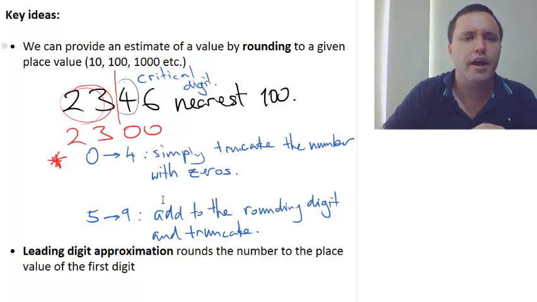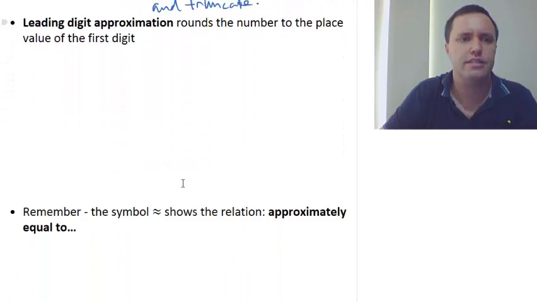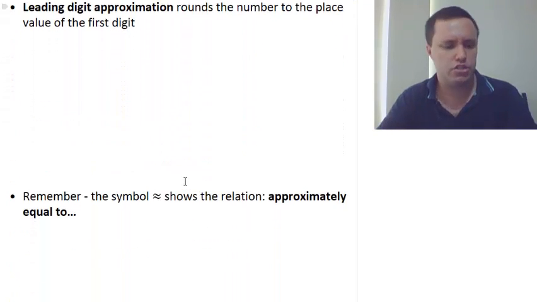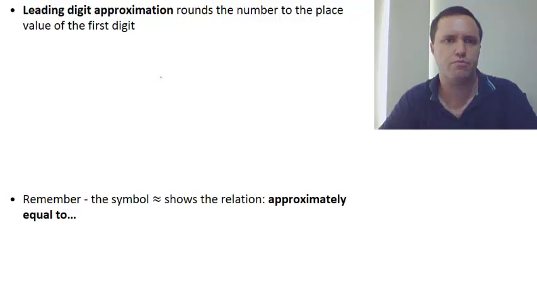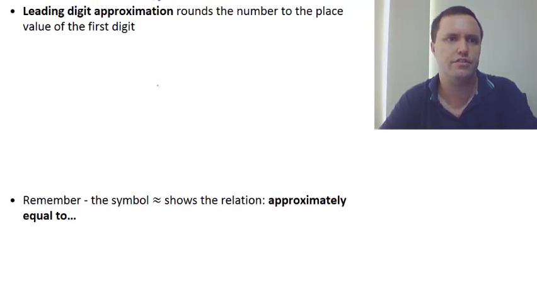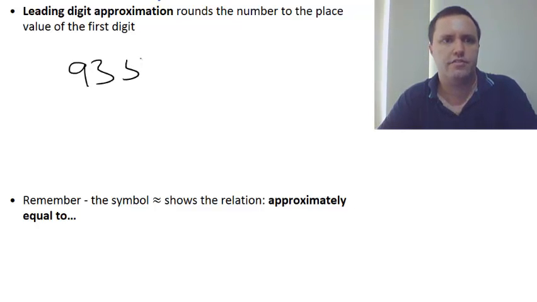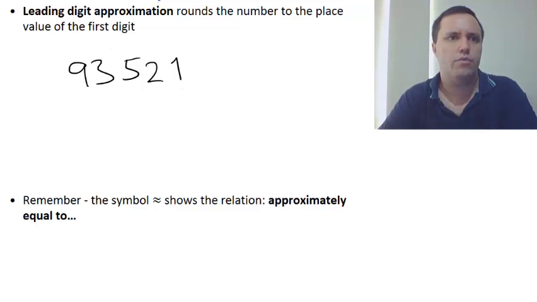Let's go through now to leading digit approximation. What this means is that we simply round the number to the place value of the first digit. So if it is 93,521, let's make this somewhat interesting, let's make this a 7. 97,521.